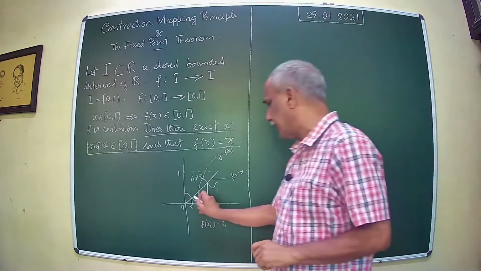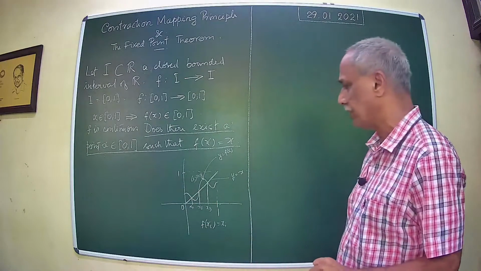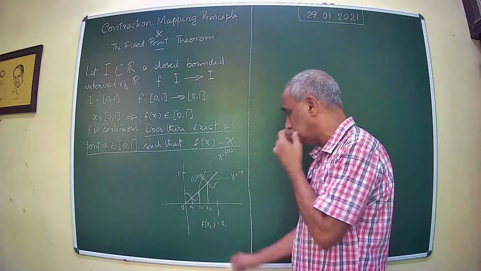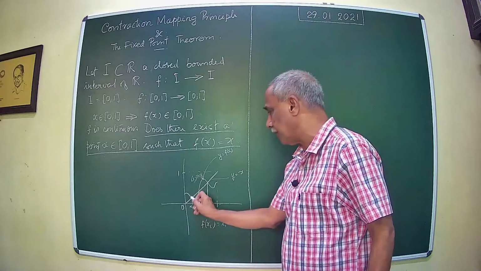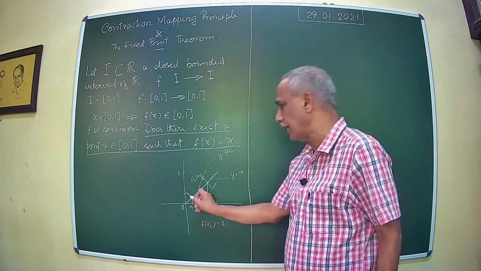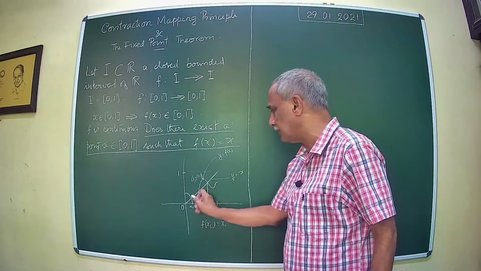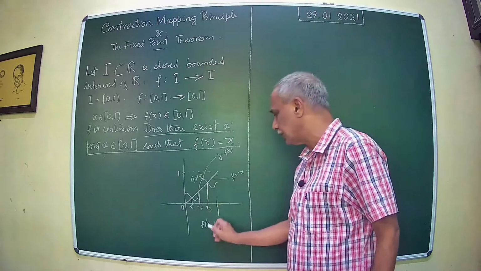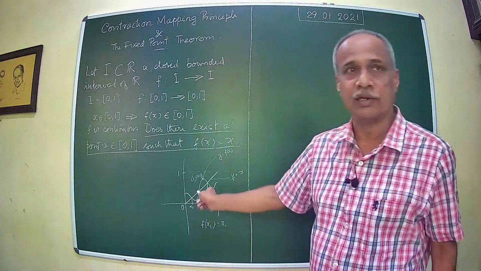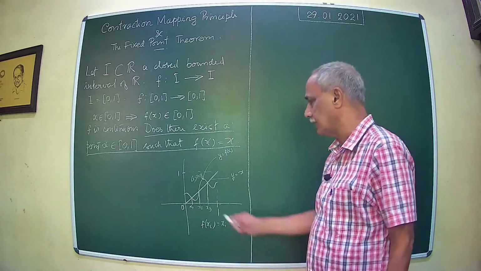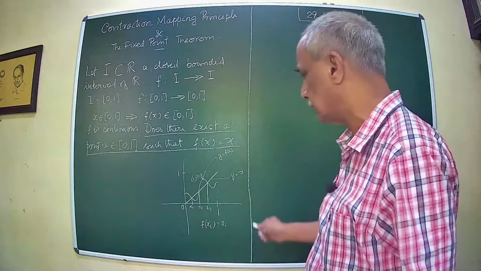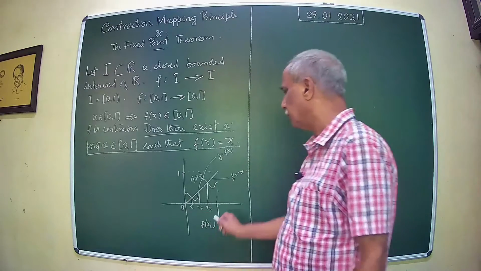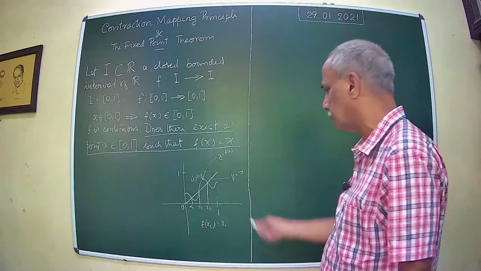From the graph it is clear that this point is xi, f of xi. This point is x1, x1. This point is x2, x2. This point is x3, x3. So these are the 3 points that you have in this particular picture or problem, which are the fixed points of f. Now that is the graphical representation of that.